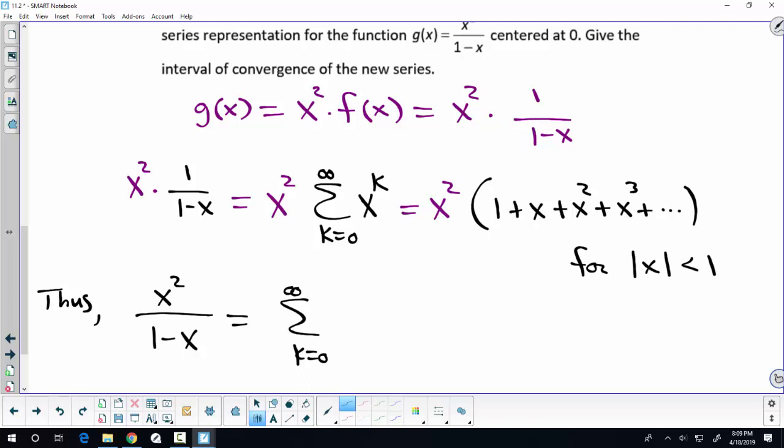We just add their exponents, so x to the k plus 2, which is equal to x squared times 1 plus x squared times x.